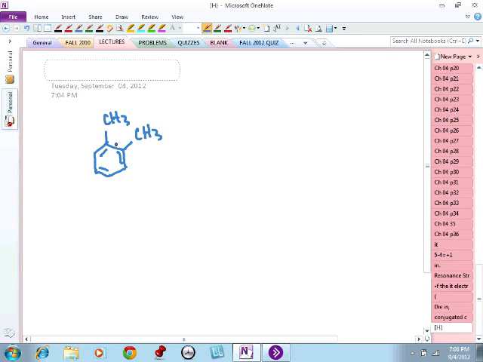Now I want to increase the complexity of what we've been discussing. Supposing I move this pi electron to here, and when I do that, I could also move this pi electron to here, and then this pi electron to here. What do I now have?